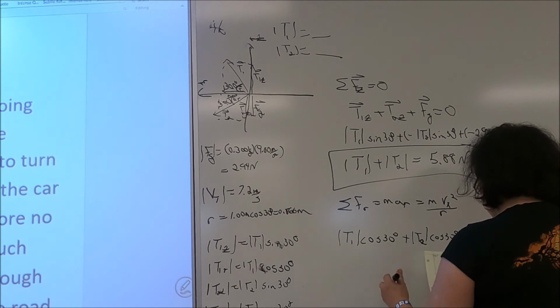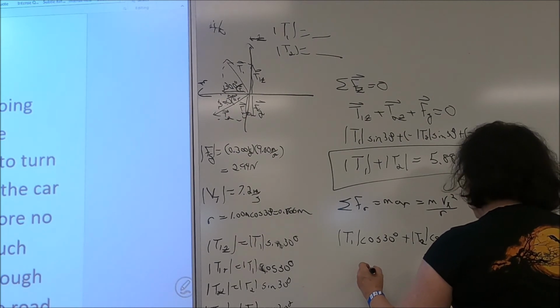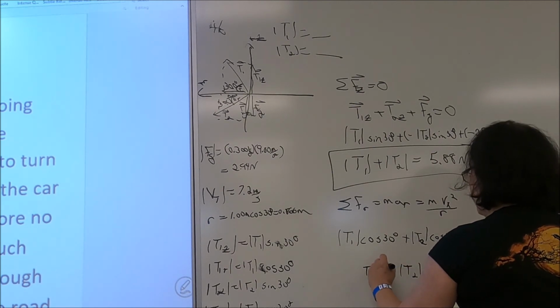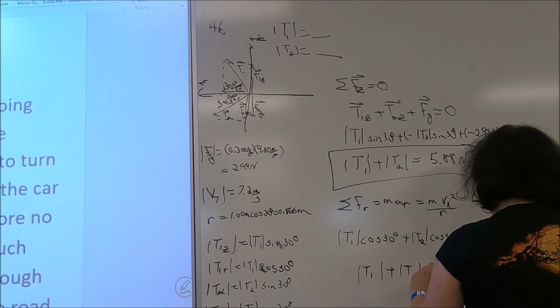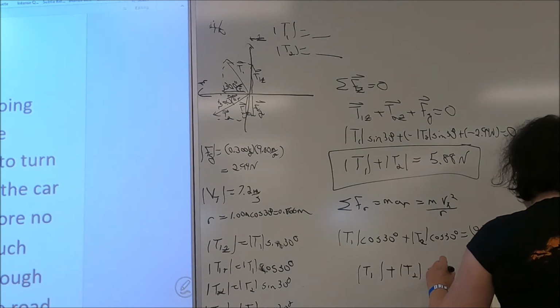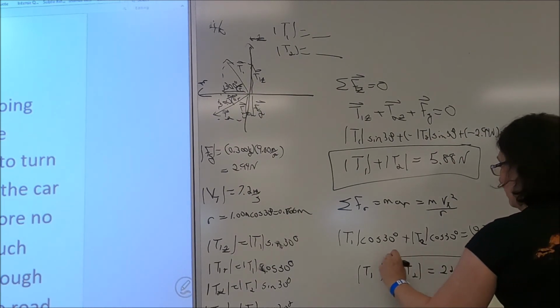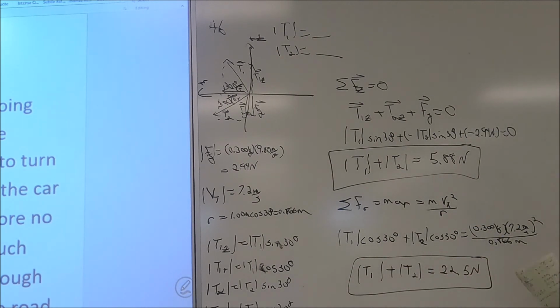So this comes down to the equation T1 plus T2, magnitude T1 plus T2, has to equal 22.5 newtons. Okay, I have two equations and two unknowns. It's a solvable system of equations.